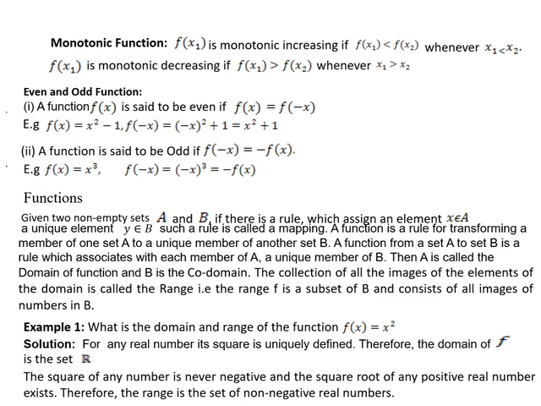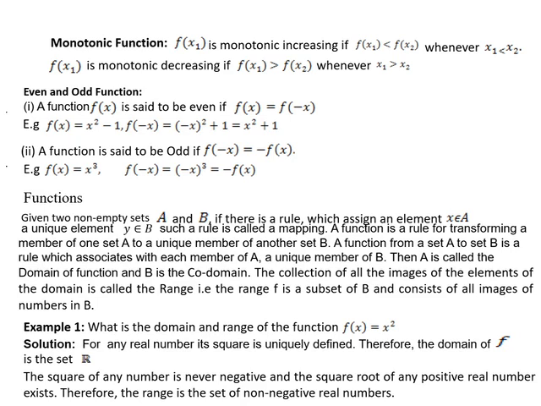A function is a rule for transforming a member of one set A to a unique member of another set B. A function from a set A to set B is a rule which associates with each member of A a unique member of B. Then A is called the domain of the function and B is the codomain.